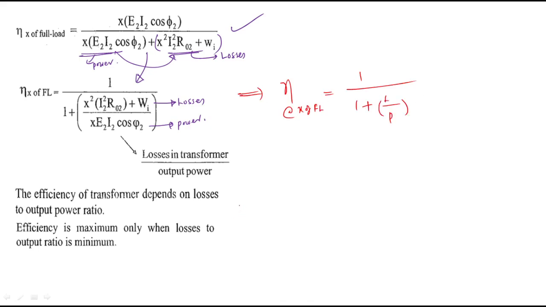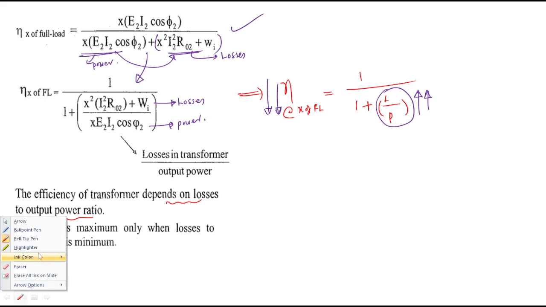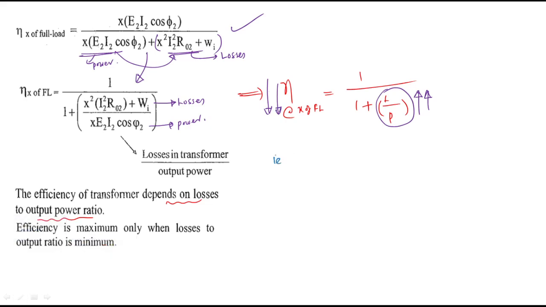This is the relation. So the efficiency of a transformer depends on the losses to output power ratio. If this ratio is very high, obviously the efficiency decreases.